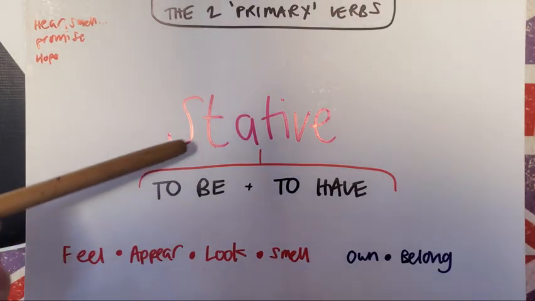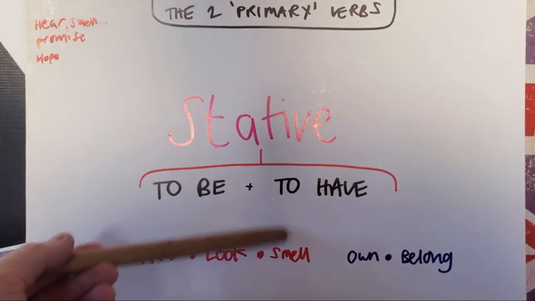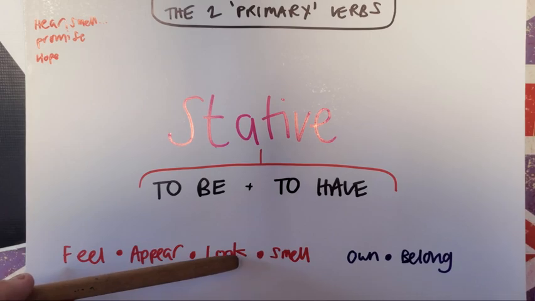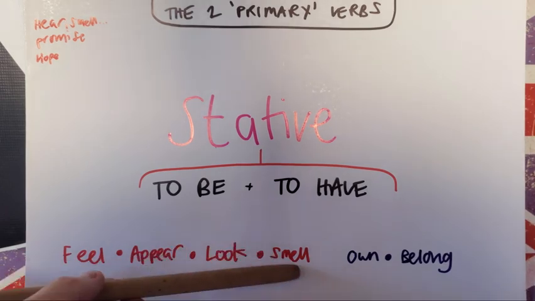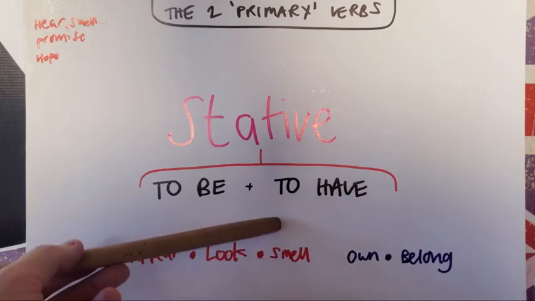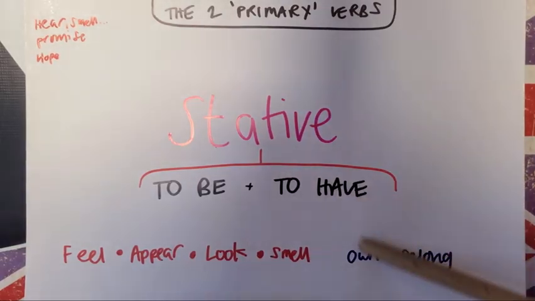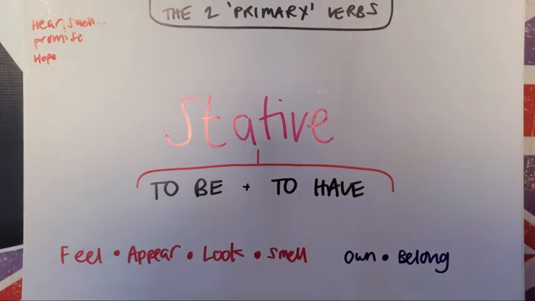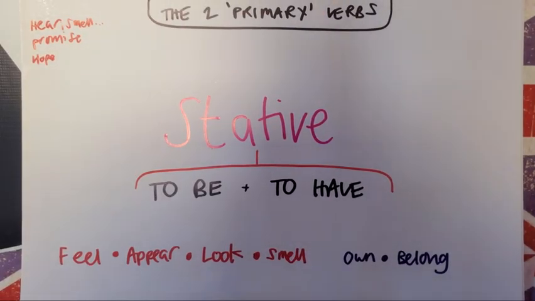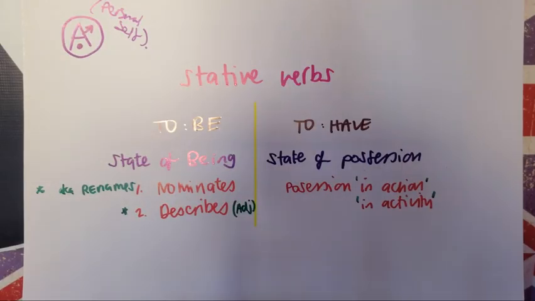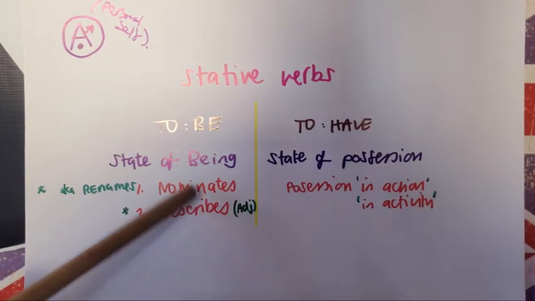In the group called stative, you will also have feel: I feel happy, I appear happy, he looks sad, the soup smells bad, and on the other side you have like own and belong. All these are to do with your immediate personal self, a state of being and a state of possession.